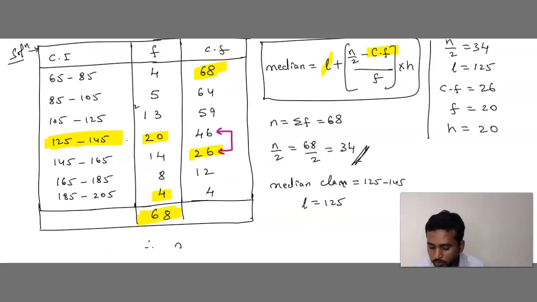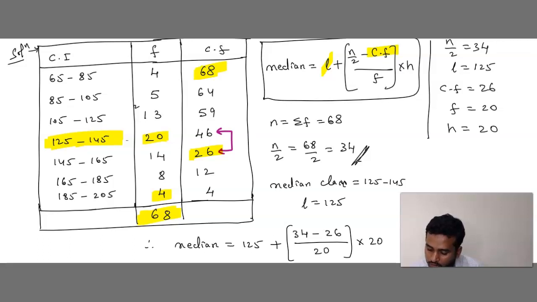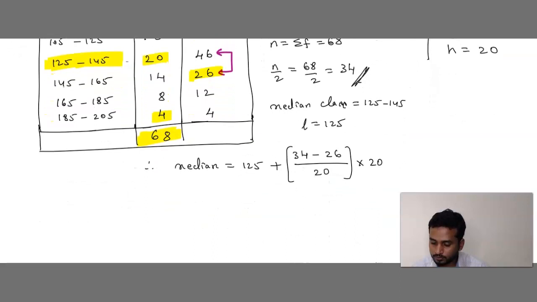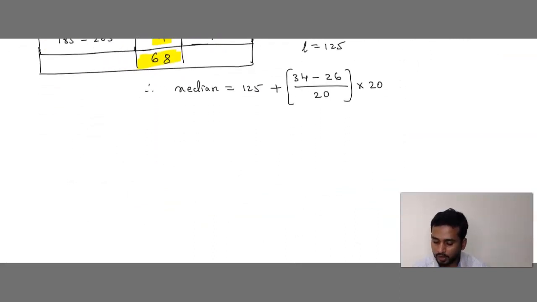So the median is equal to L, which is 125, plus n by 2, which is 34, minus cumulative frequency 26, divided by frequency 20, into H. H is 20. Now just substitute these values.